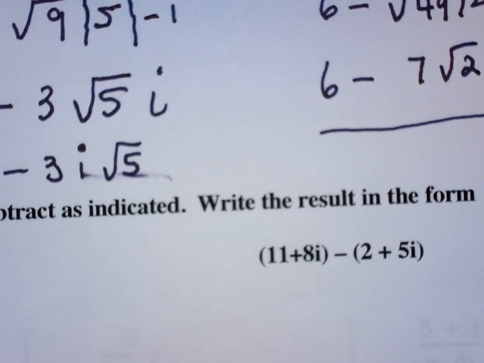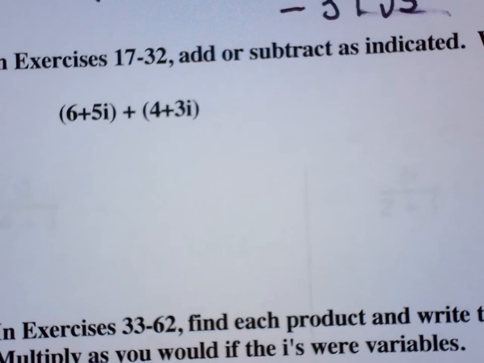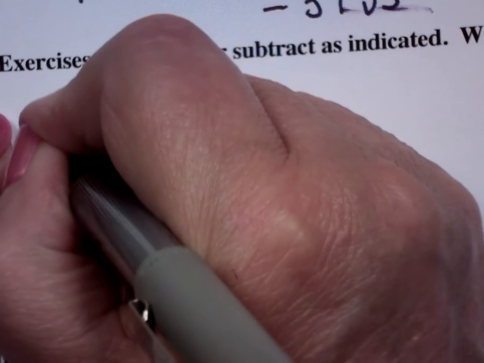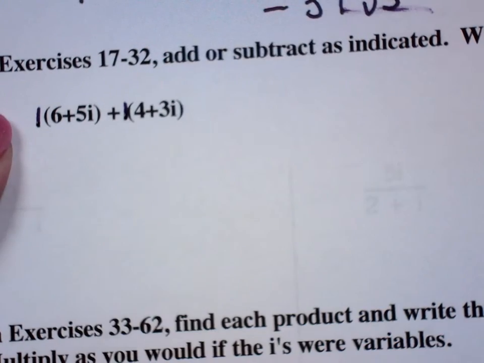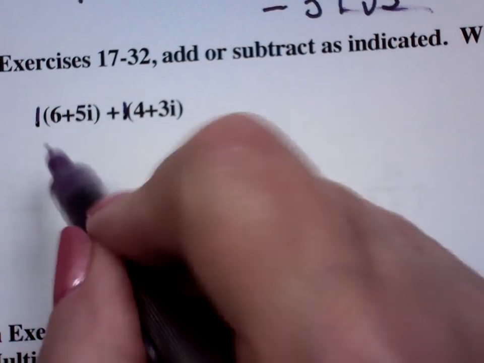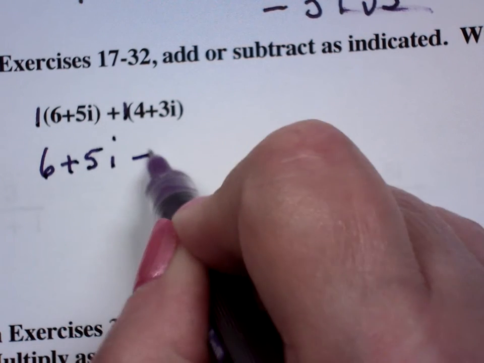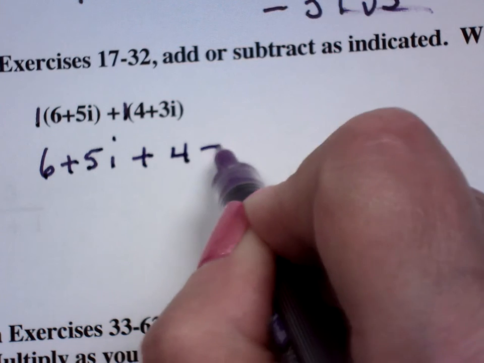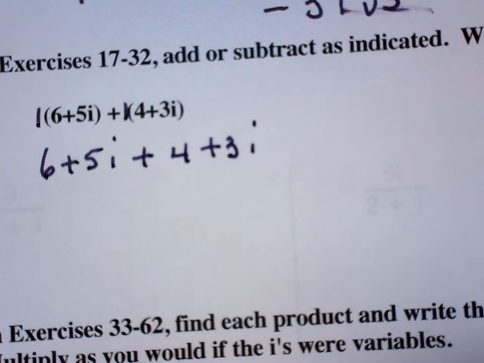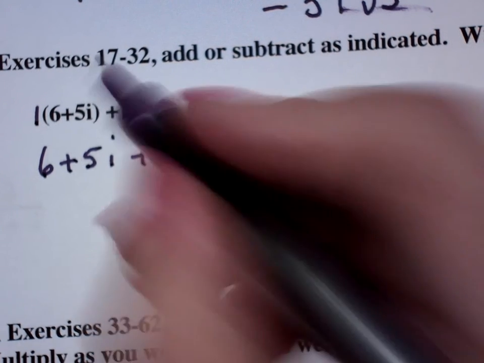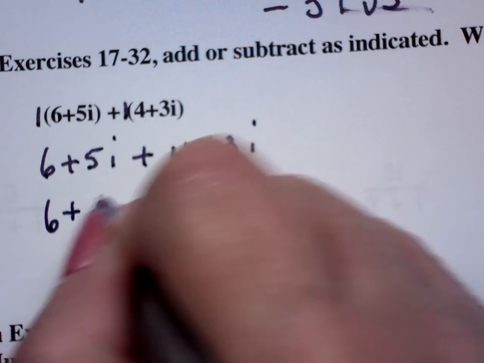Which is why, when it comes down to adding and subtracting, it says add. Well, the coefficient here is 1, the coefficient there is 1, so I can just write it without parentheses. It's straight addition, and treat it just like you would x's. 6 and 4 don't have an i.